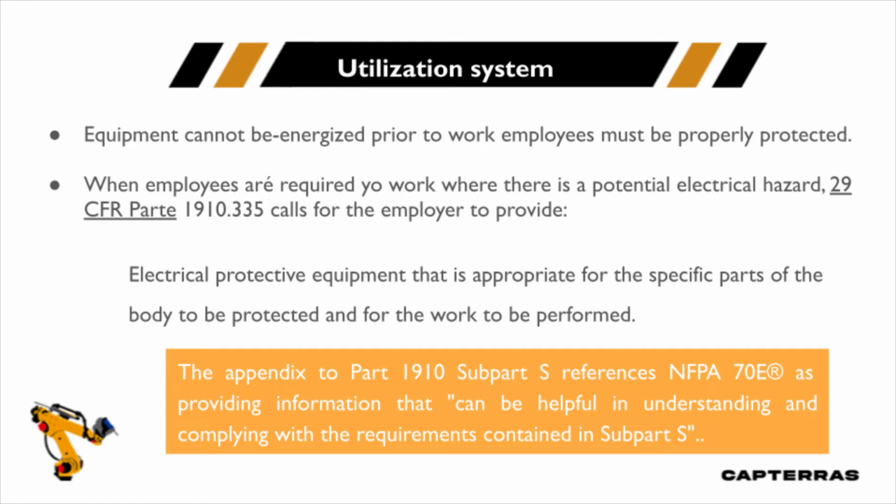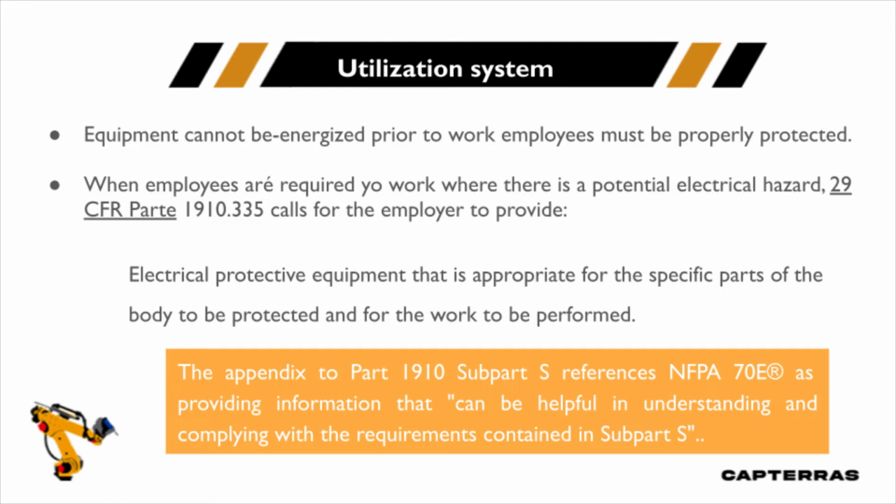And it also doesn't say you can't get cited if someone gets hurt following the requirements in 70E. Now, many OSHA enforcement personnel use NFPA 70E as a reference tool to help determine whether you're in compliance with the OSHA requirements.